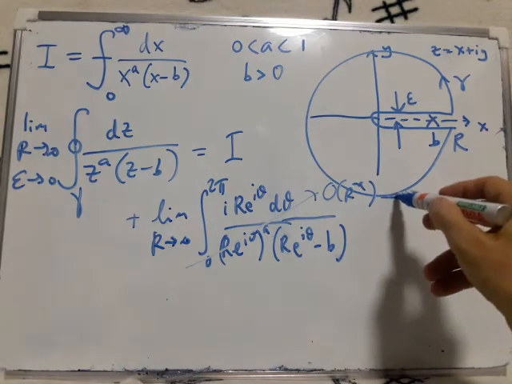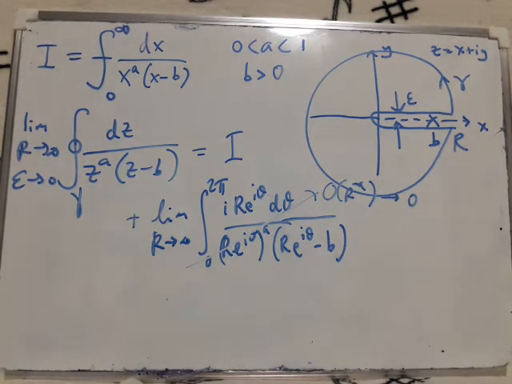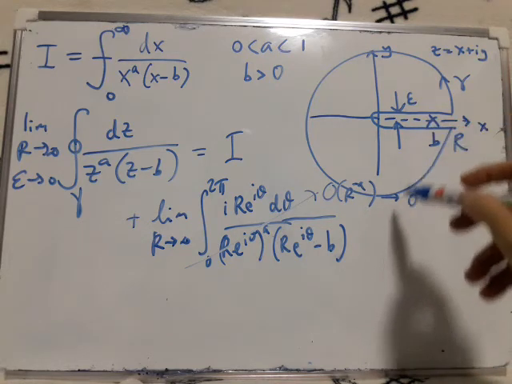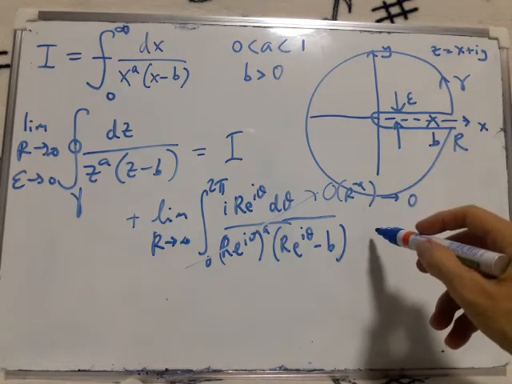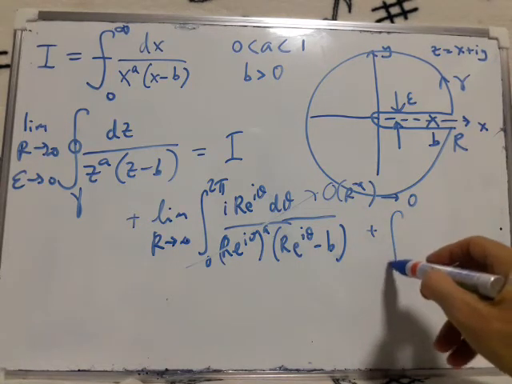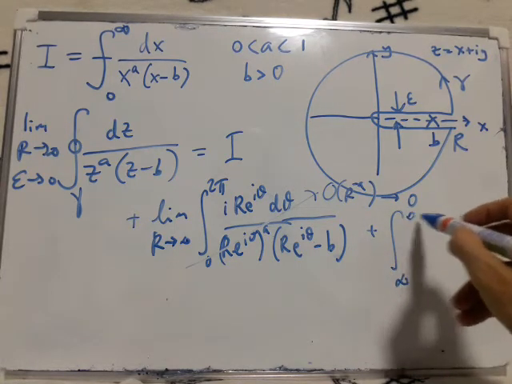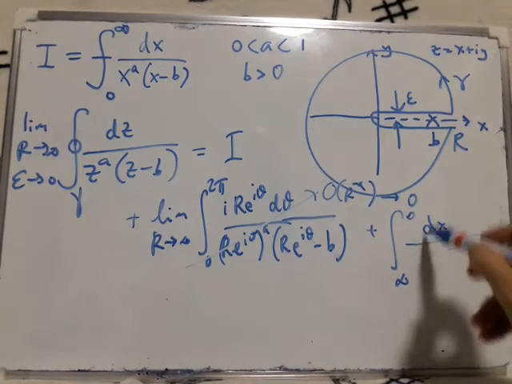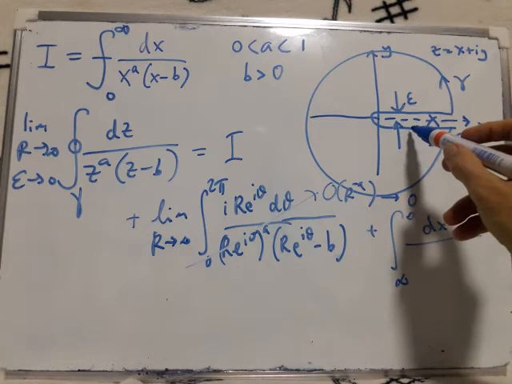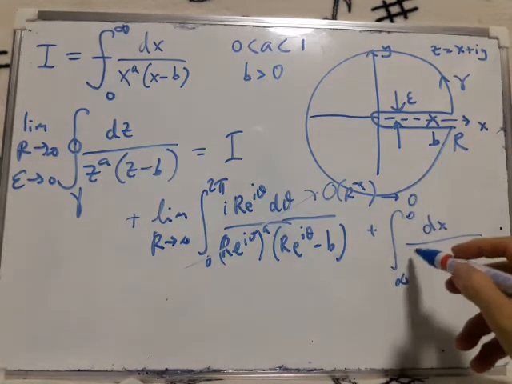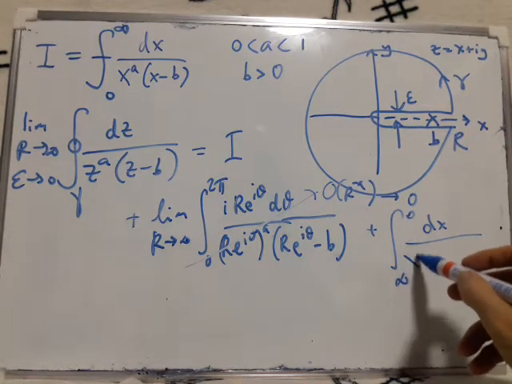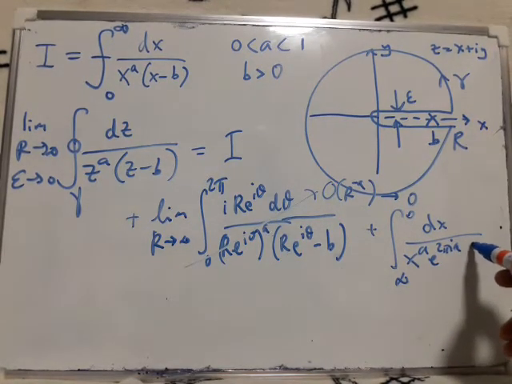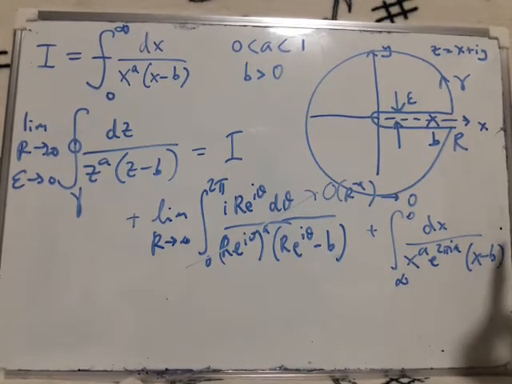A is positive, so this therefore goes to 0, and we need this integral along here, from infinity to 0 dx. Here z is x times e to the 2 pi i, so we end up with x to the a times e to the 2 pi i a, and x minus b.